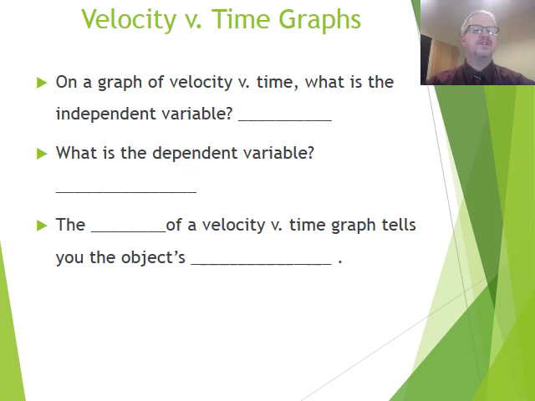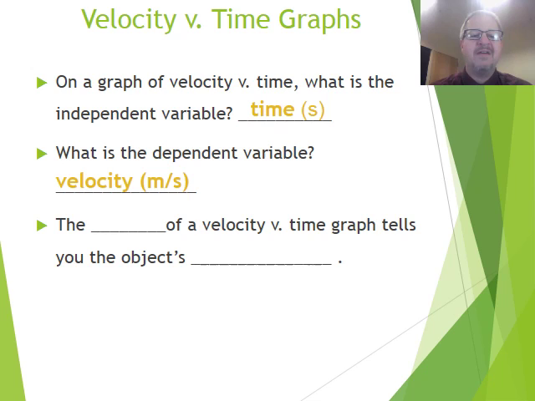So on your worksheet it says, on a graph of velocity versus time, what is the independent variable? Well, the independent variable on a velocity versus time graph is time itself. So that means that the dependent variable must be the other one, and that would be a good assumption, a good prediction to make. So the dependent variable is, in fact, velocity.